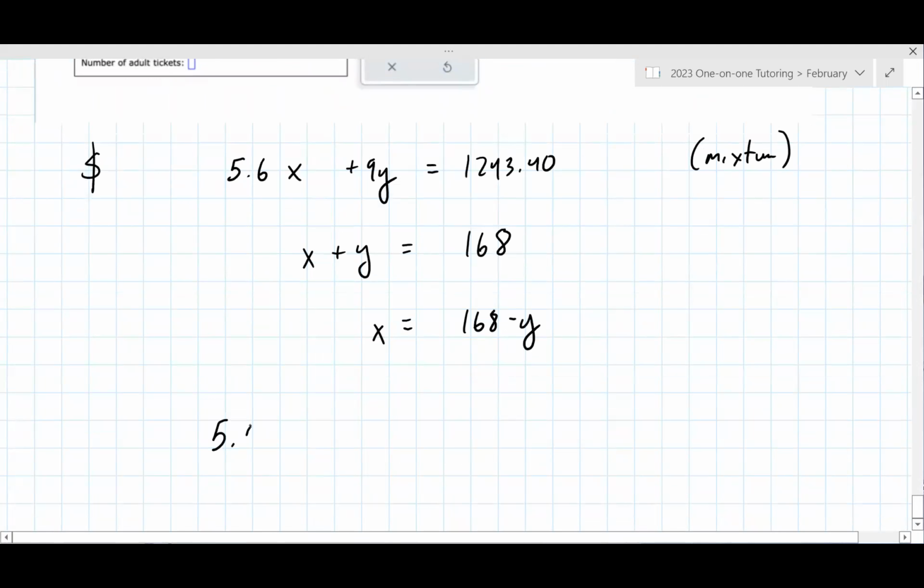So it's 5.6 times (168 minus y) plus 9y equals right here. So you want to try solving that from here, please?